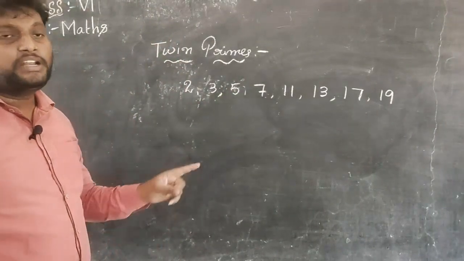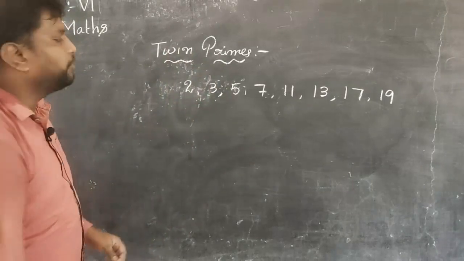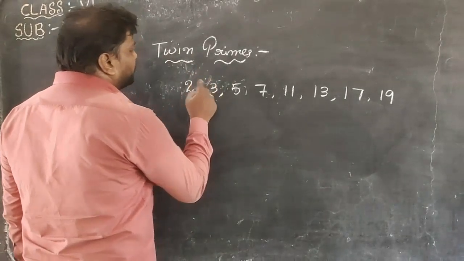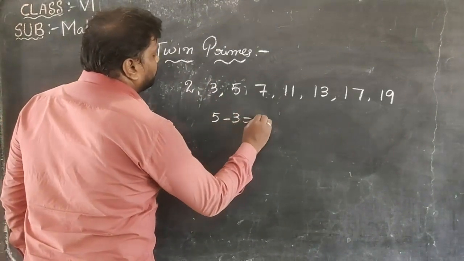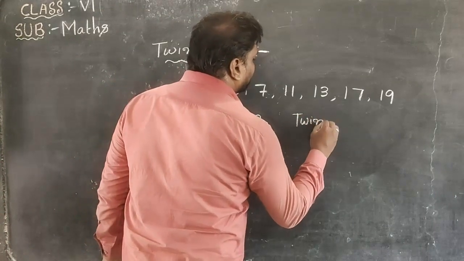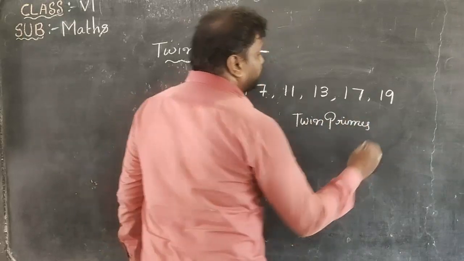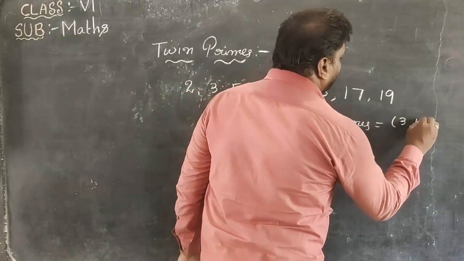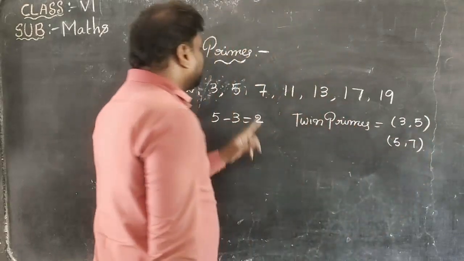If the difference between two prime numbers is 2, then the two numbers are called twin primes. For example, the difference between 2 and 3 is 1. The difference between 5 and 3 is 2. The twin primes are 3 and 5, 5 and 7.